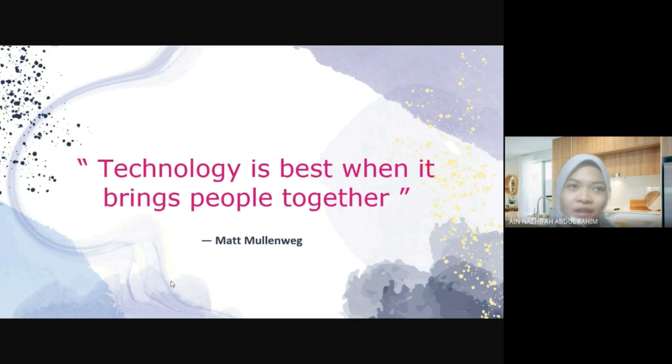I agree with this quote because if we use technology wisely, of course we can have the benefits. For example, if we have family who live far away from us, we can still communicate or connect with each other and feel that we are close. So that's why we as users need to use technology wisely.